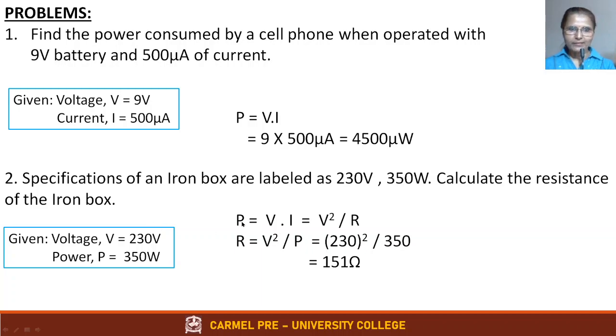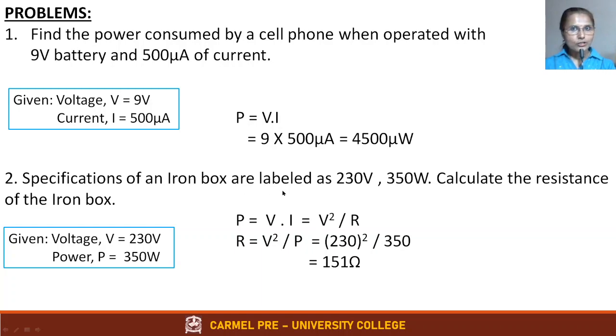Just now we derived that power is nothing but V squared by R. So we need R. So transposing, R is equal to V squared divided by P. So substitute for V, 230 volts whole square divided by P, which is 350. Simplifying, you get 151 ohms. This is the resistance of the iron box.